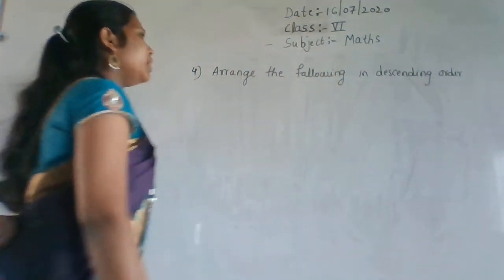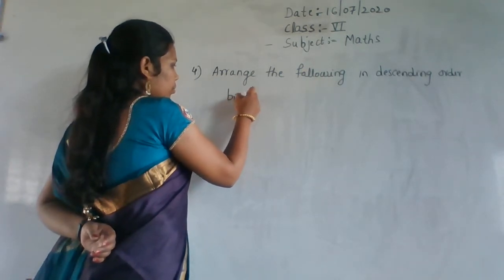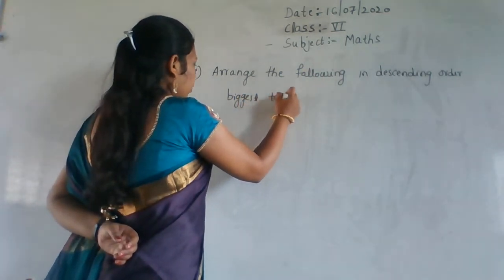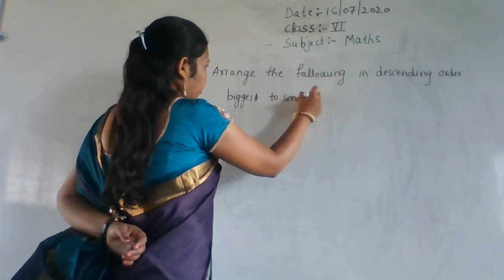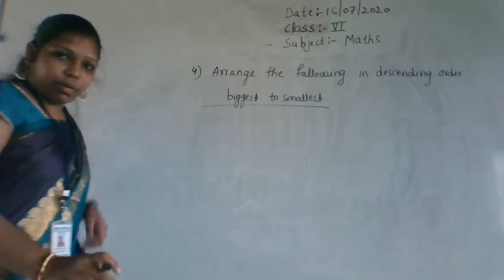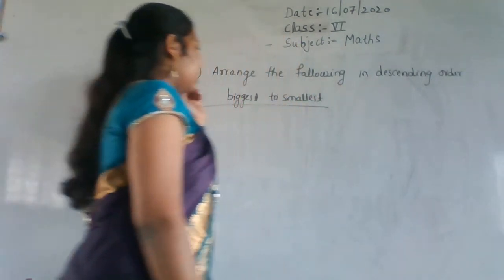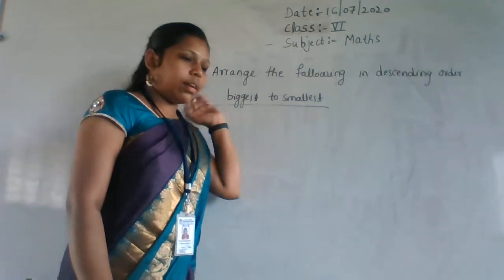What is the meaning of descending order? You know: biggest to smallest number you have to write. Arrange the following in descending order is nothing but biggest to smallest number.